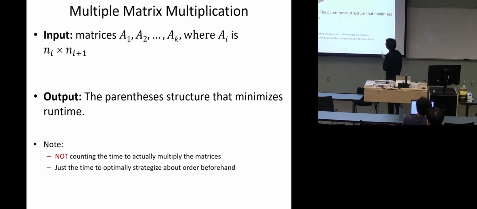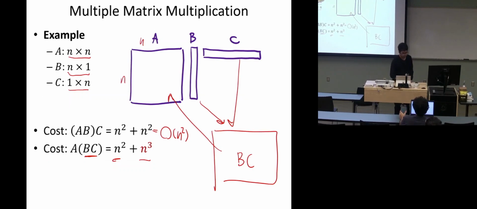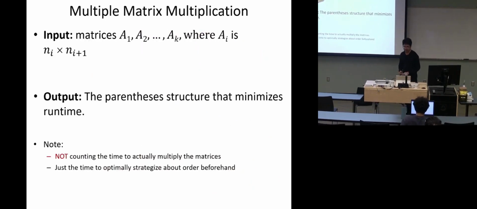We want to find the parenthesis structure: how do you order the multiplication so that it minimizes the running time of your multiplication? For example, the best way to multiply these three matrices is this parenthesization.